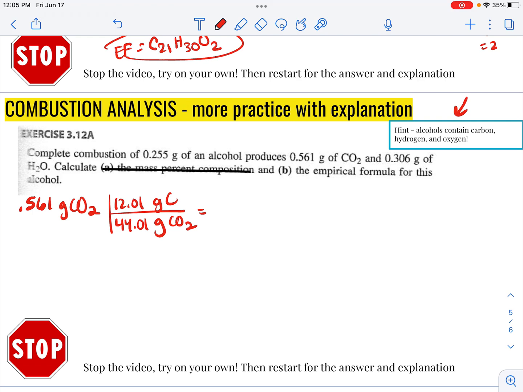You can skip ahead if you'd like. I'll tell you the final answer. The empirical formula is C3H8O. If you were correct, then you don't need to watch this part. You can skip because there is something different coming at the end. If you need to watch, then you can watch.